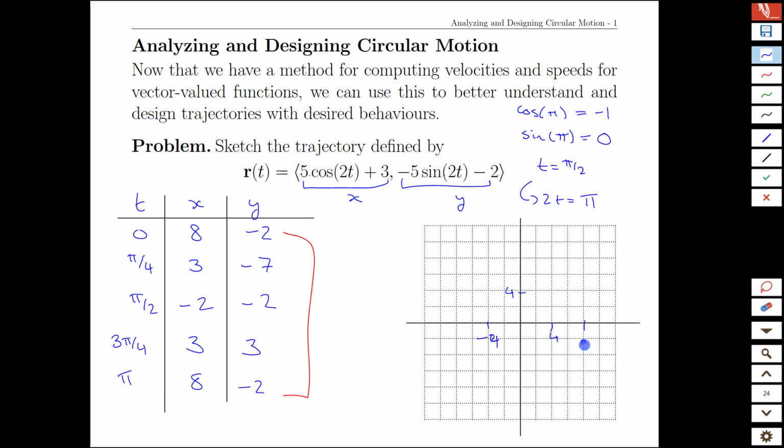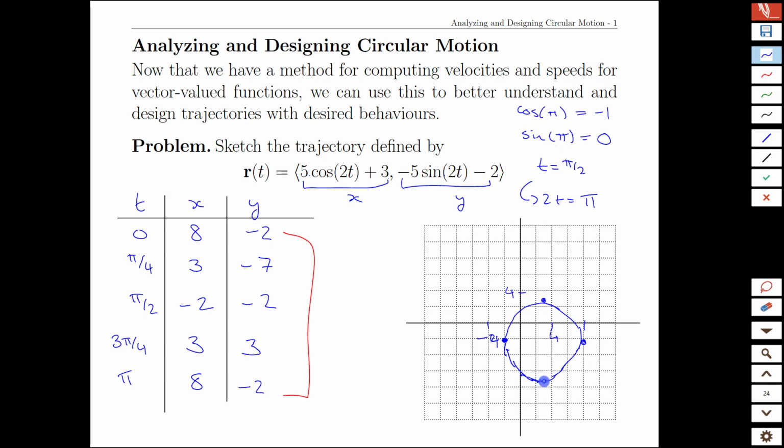And then we went to 3, minus 7. 2, 4, 6, 7. Then minus 2, minus 2. And then 3, 3. And then back to there. And we can see from there we essentially have a circle.